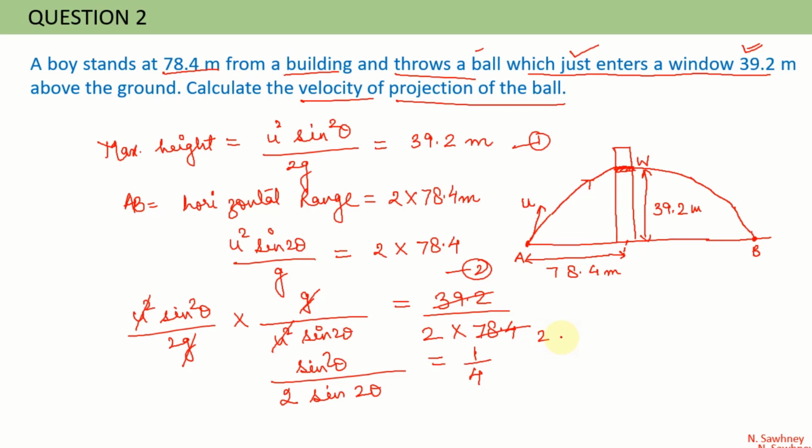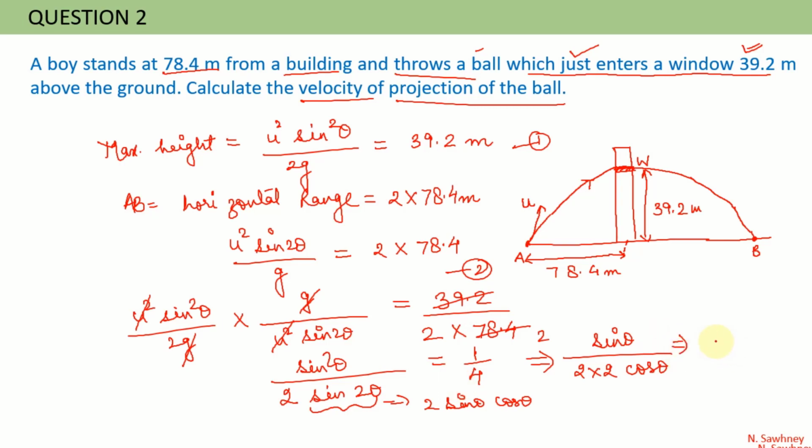So now we are left with sine theta in the numerator upon 2 into 2 cos theta, because what we have done with sine 2 theta is we have written it as 2 sine theta into cos theta, and the sine theta terms are cancelled from the numerator and denominator.